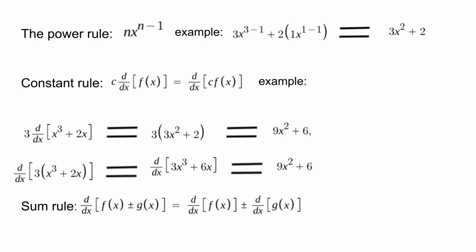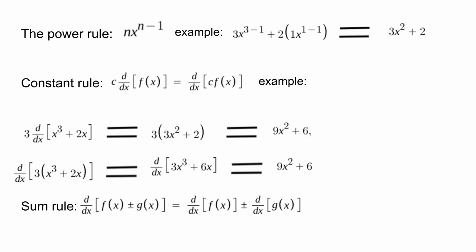This gives the original derivative from earlier, but then multiplied by 3, which gives 9x squared plus 6. We can also start by multiplying the brackets by 3 to get 3x cubed plus 6x, which will also give us 9x squared plus 6.